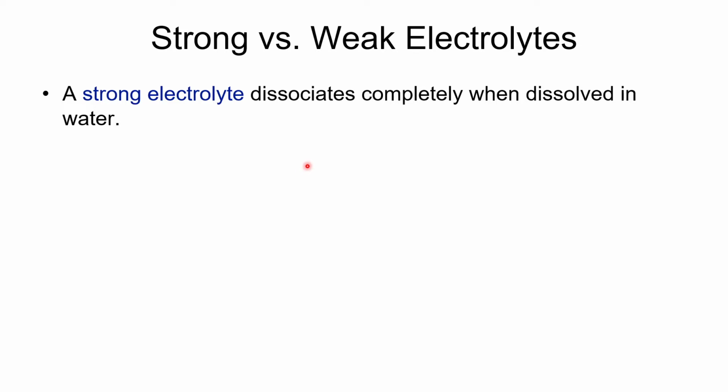Maybe even 95% we would call a strong electrolyte. But something that dissociates 1%, we're not really going to call that a strong electrolyte. We will find that things that are considered strong electrolytes in this book and in this chapter are going to include soluble ionic compounds.